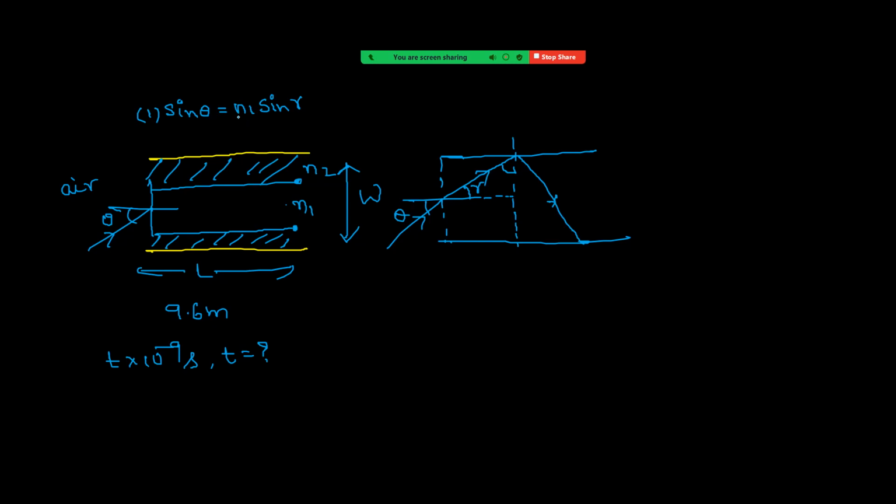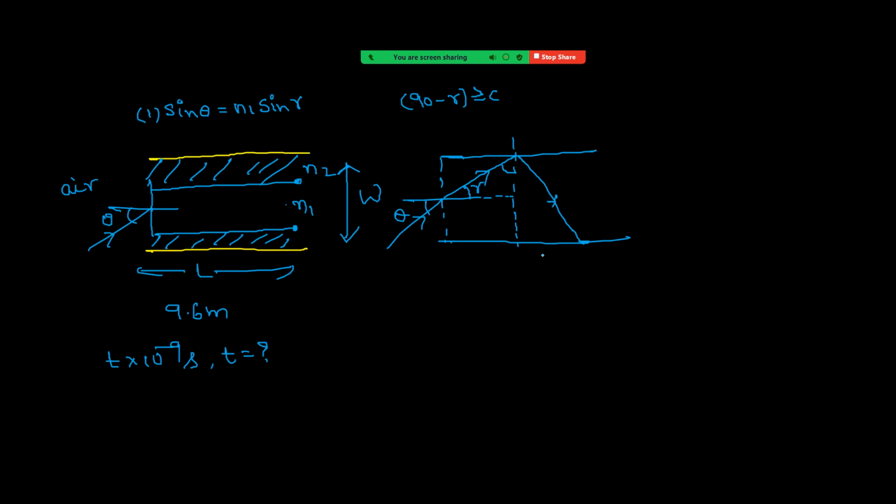If theta is maximum, R is also maximum. When R is maximum, 90 minus R will be minimum. This value must be at least equal to C or greater than C. Okay. Then it will undergo total internal reflection.